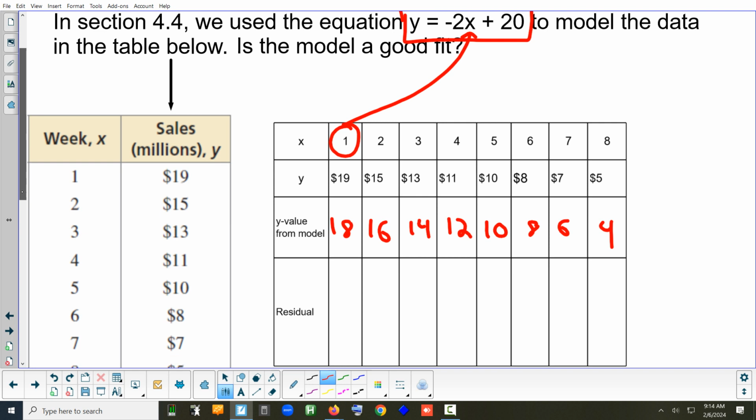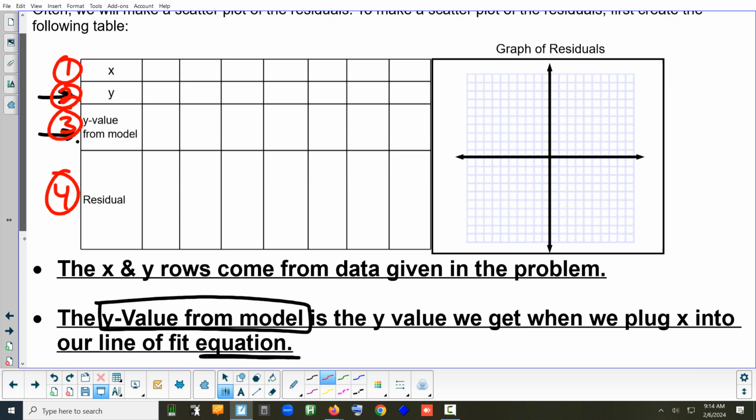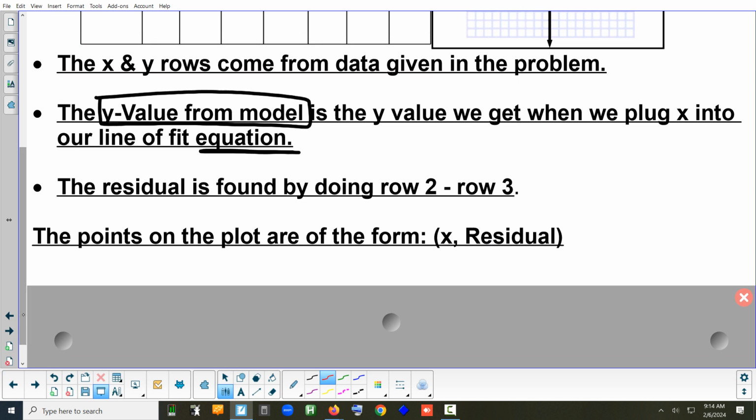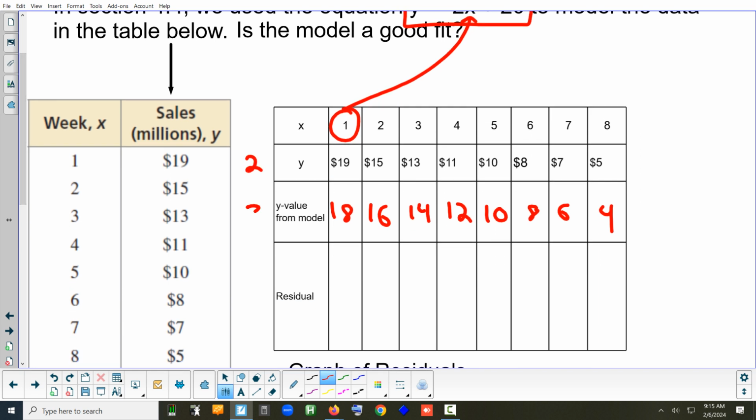All right. So now we're going to find all the residuals. The residual is how far off the formula was each time. Take row 2 minus row 3. This is row 2, this is row 3. What's 19 minus 18? 1. So that's a residual of 1. What's 15 minus 16?